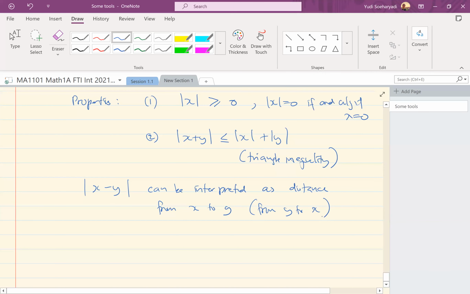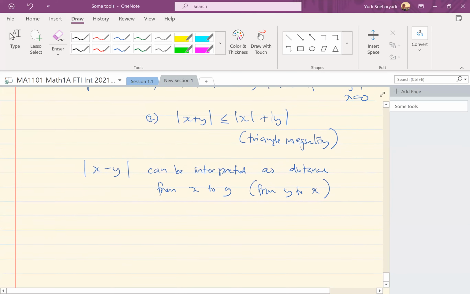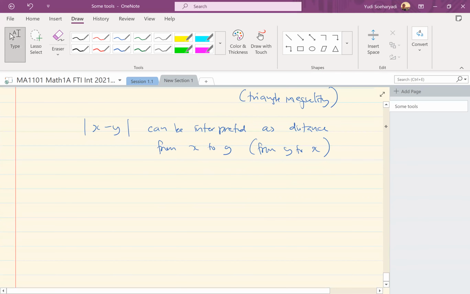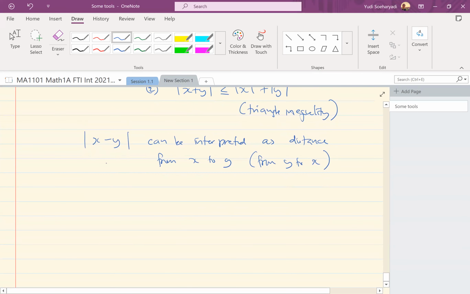It does not depend on whether it's the distance from Jakarta to Bandung or from Bandung to Jakarta, that's the same thing. So as distance, that's the same thing.